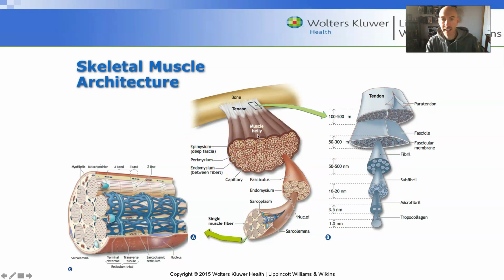So we have all of these connective tissue layers, but an important thing to point out is that all of these connective tissue layers that run deep within a muscle, all the way to the outer layer of the muscle itself, they all fuse together into a tendon and attach to the bone, right?